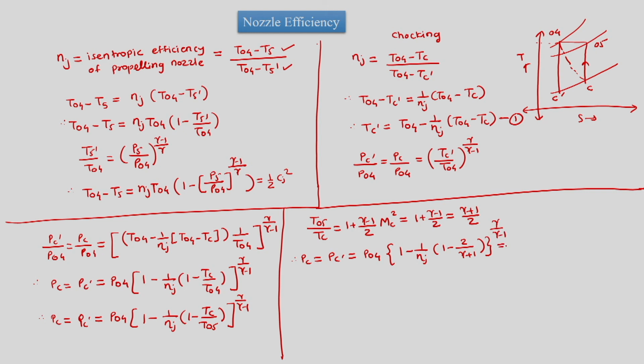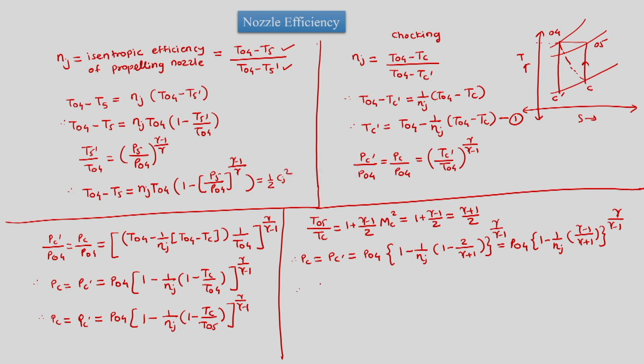So this leads to P naught 4 into 1 minus 1 upon Nj into gamma minus 1 upon gamma plus 1 bracket raised to gamma upon gamma minus 1.